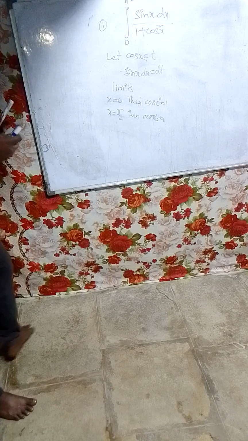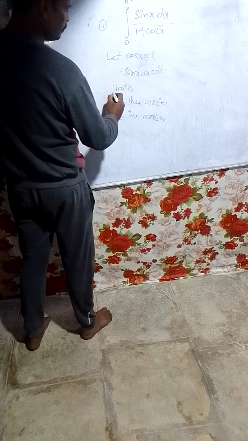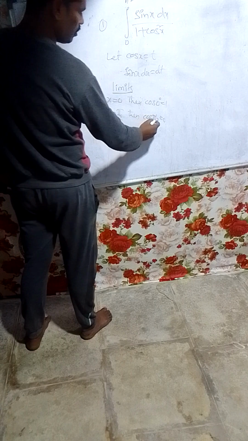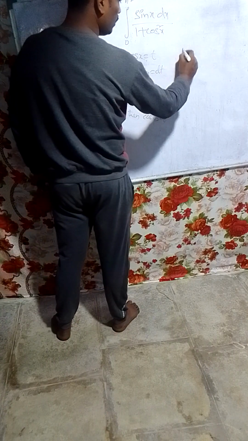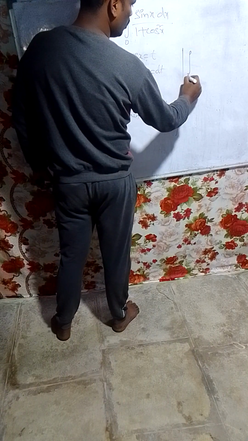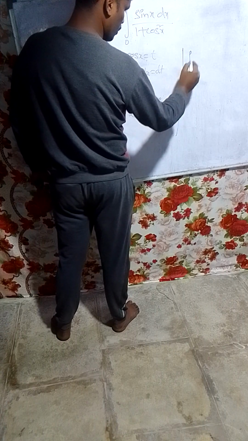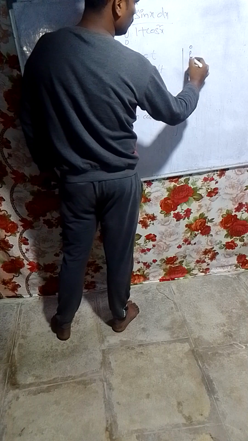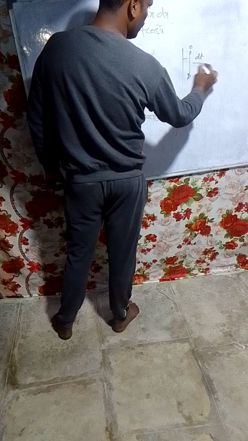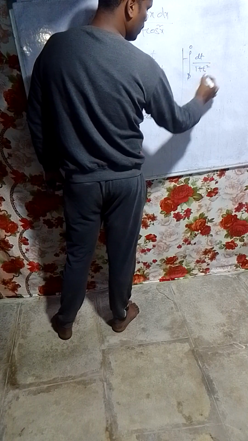The limits are most important. When x is 0, then cos 0 is 1. X is pi by 2, then cos pi by 2 is 0. So the limits go from 1 to 0, minus dt by 1 plus t square.